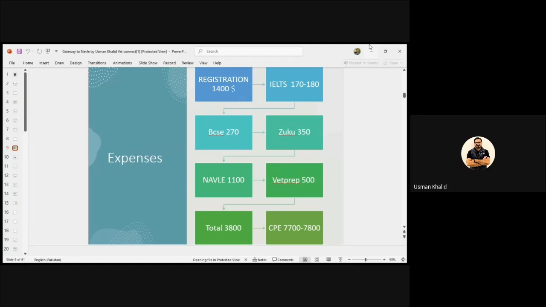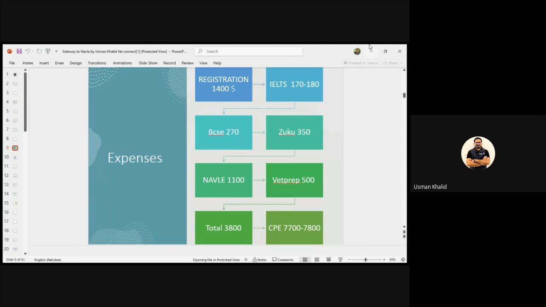You can take some kind of coaching, and you need around $170 to $180 for that. Then you have to pay a fee for the BCC exam, and then something for Zuku because you want to prep from Zuku, and then the NAVLE fee, which is $1,100, and then you definitely need some sources.